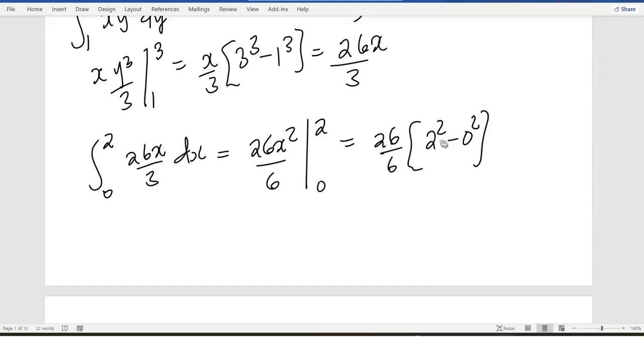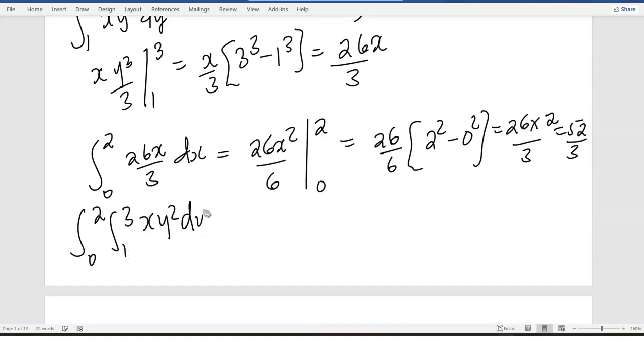This is 4, and 4 divided by 6 times 26 is 26 times 2 divided by 3, which gives us 52 out of 3. So integrating from 0 to 2, 1 to 3 of x y squared with respect to y, dx gives us 52 out of 3. So that is it. Let's go ahead and look at another example.